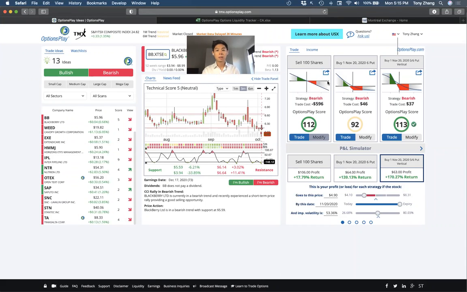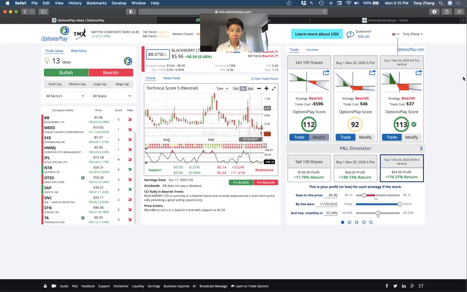Can the buyer exercise an option before expiration? So buyers always have the option to exercise an option before expiration. However, it never makes sense to exercise your call or put option before expiration. Because if I exercise the $6 put that I paid 46 cents for, this $6 put would only capture me 4 cents in value, because I'm basically able to sell the stock at $6 that is currently trading at $5.96.